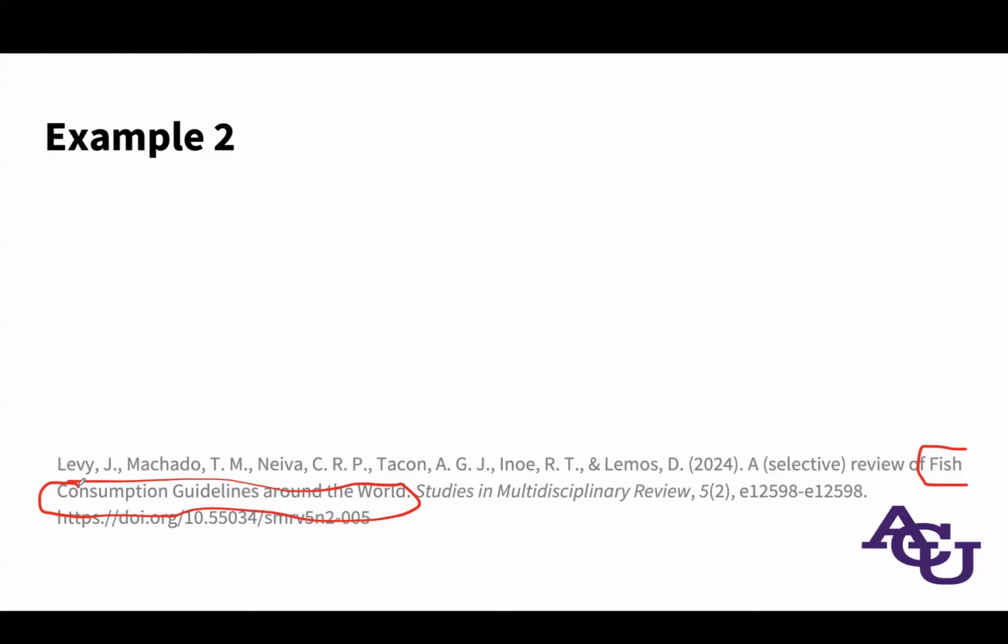So make sure you get that. Also, in this case, this is an electronically published article without a page range. And so the software has interpolated this as if it was a page range, like page 1 to 1. And so we want to make sure you take that information out as well.